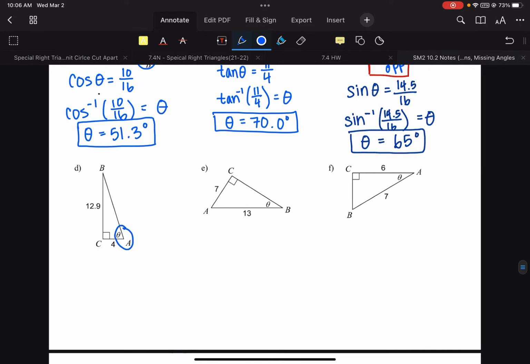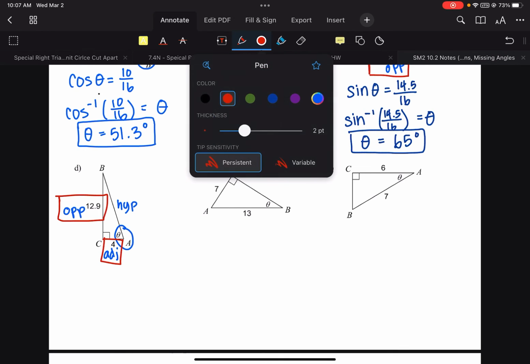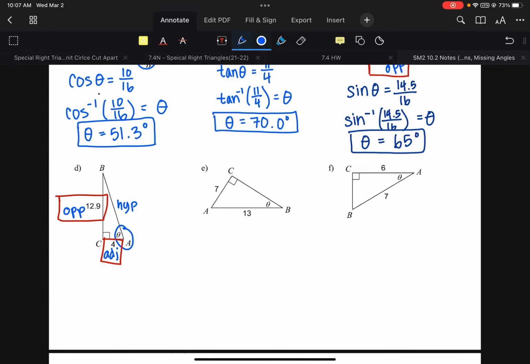So I want to find my theta value. So I'm going to label my sides opposite, hypotenuse, and adjacent. So if I know the opposite and I know the adjacent, I think back to SOHCAHTOA. The TOA has the O, the opposite, and the adjacent in it. That's the tangent.